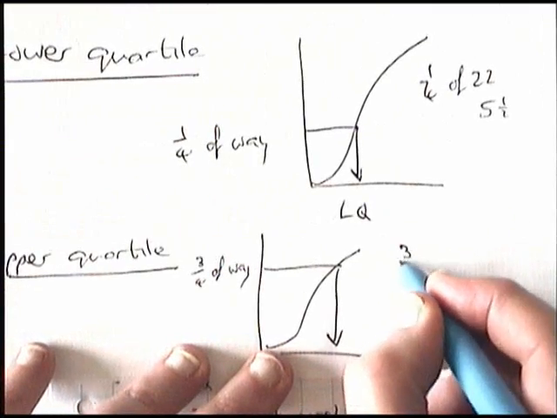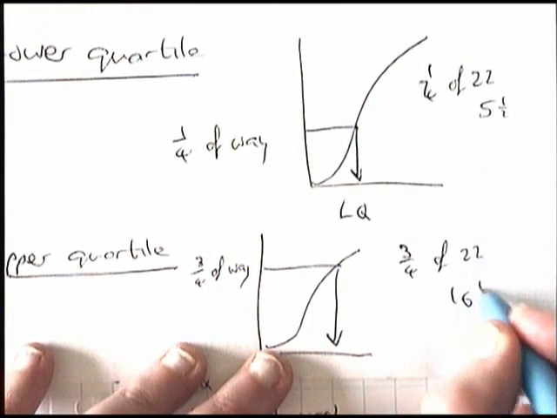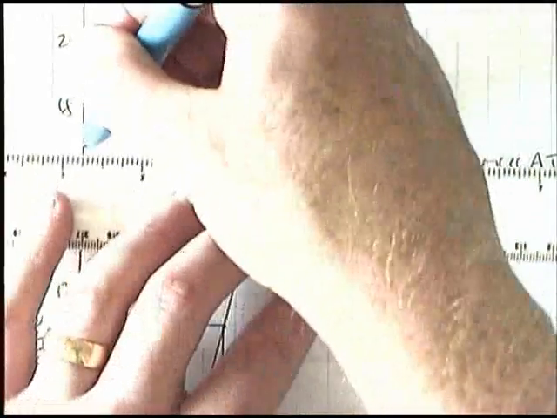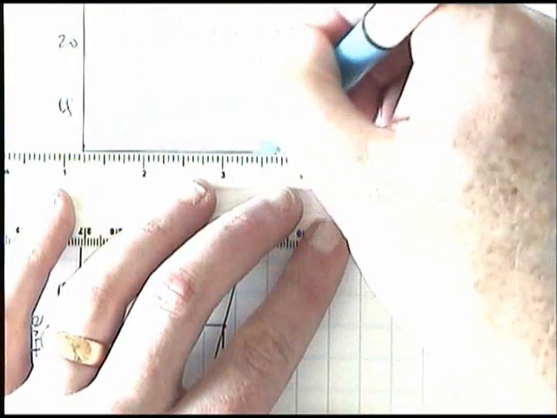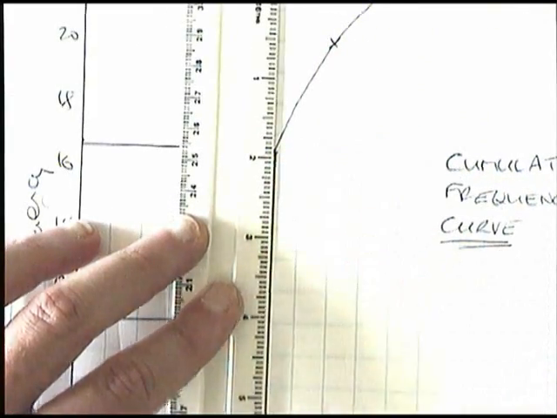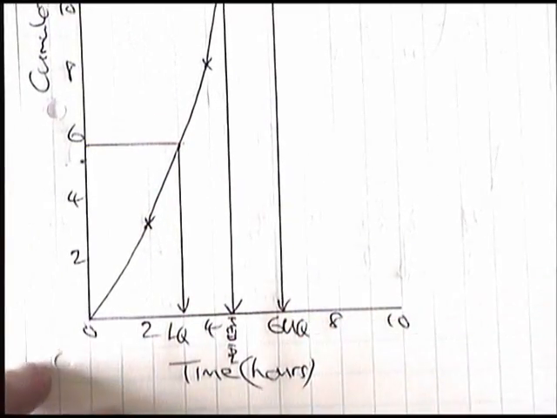Then for the upper quartile, I need to do 3/4 of 22, and that will be 16.5. So back to your graph, you go along from 16.5, which will be about here, along to your curve and then down, and that will be pointing down here at your upper quartile, and mine is just a bit more than 6.